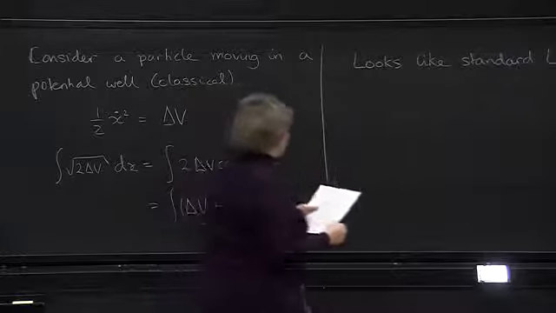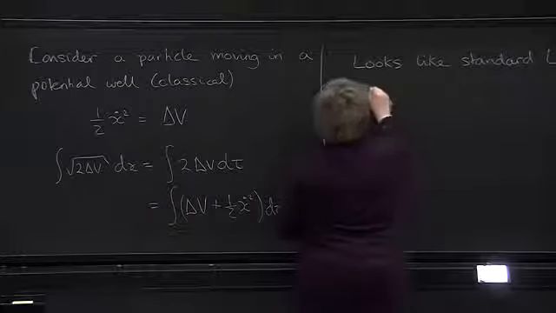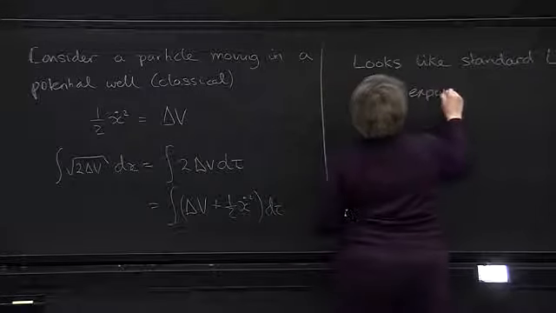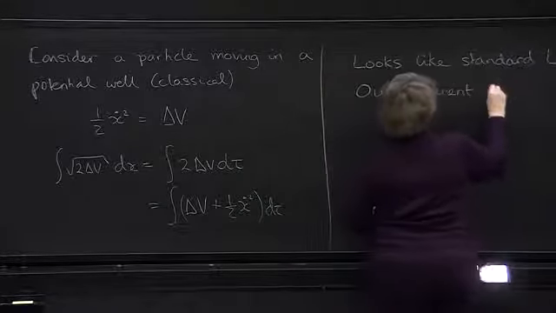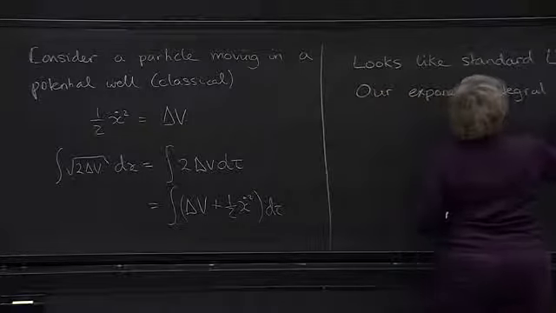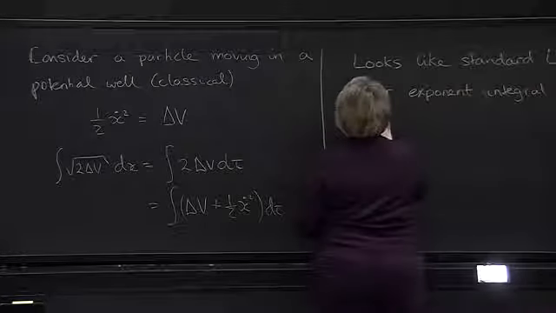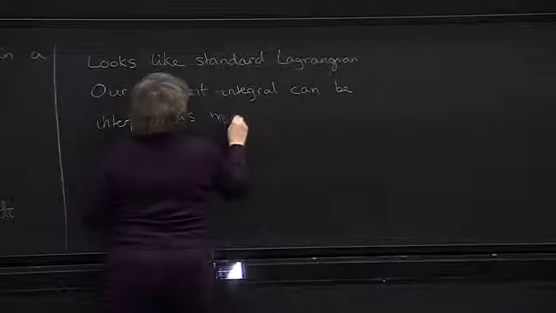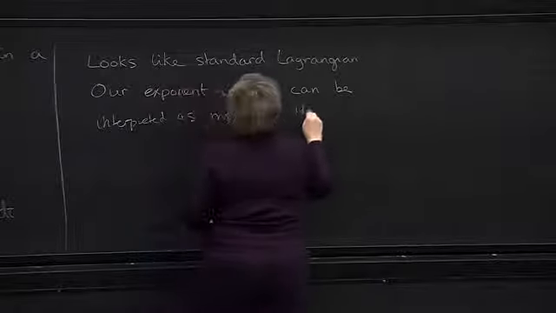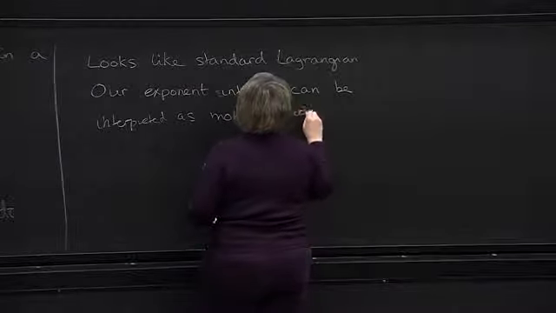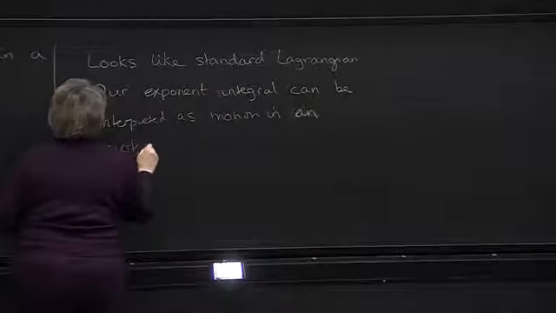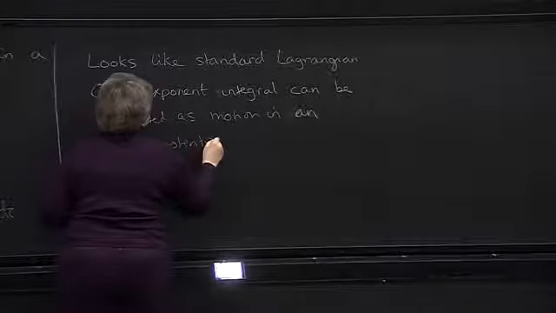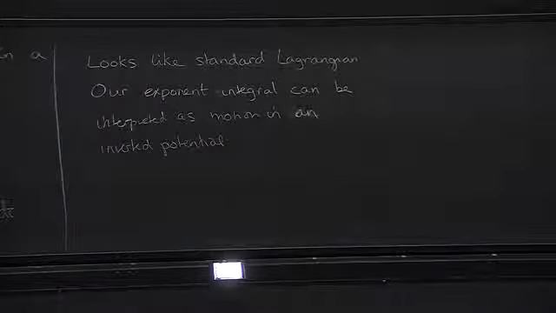So our exponent, pulling these two lines of thought together, normally a Lagrangian is T minus V, so the fact this comes with a plus sign means we've inverted the potential.